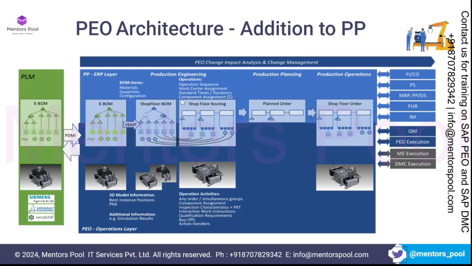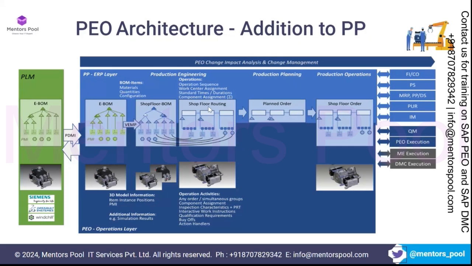A few things I want to highlight. You would see the terminology shop floor routing. This is different from your standard PP routing. Using CA01, you will not be able to create a PEO routing. This is a whole different transaction, and we have added a prefix just to differentiate it, so we call it the shop floor routing.